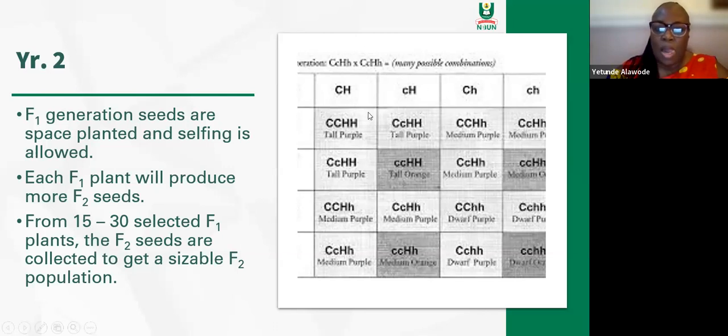Please try and know this square, because like I said, I don't know what is coming out, but I have my question set already. So you should be able to know the possible combinations and the possible gametes that I got from dihybrid crosses.